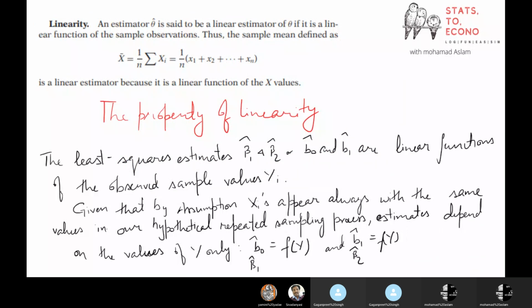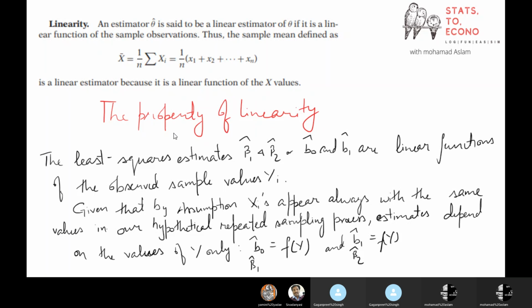Now, generally the meaning of linearity is that if you have any particular estimate, let's suppose a mean or any theta hat, and it's a summation of simple terms, not any other form like square, cube, or under root, it's a linear sum with constants, then we say it's a linear parameter.